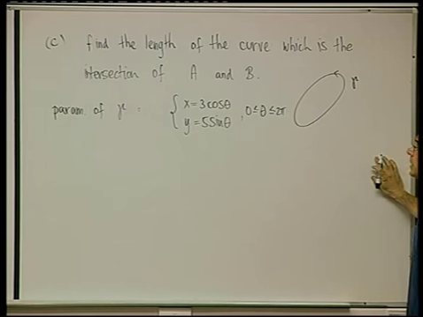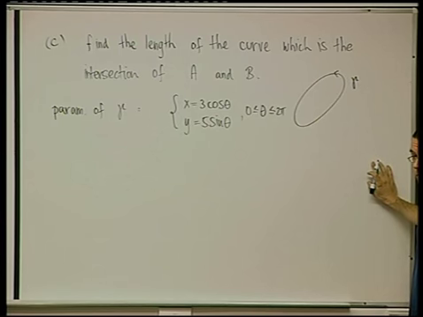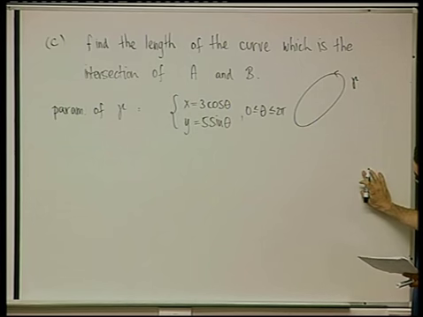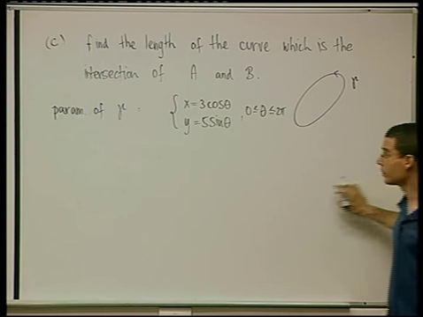Does everybody agree that this parametrizes gamma, the curve? Okay? Doesn't this parameterize the ellipse on the bottom though? Yeah, I forgot z. What is z going to be? You're right.